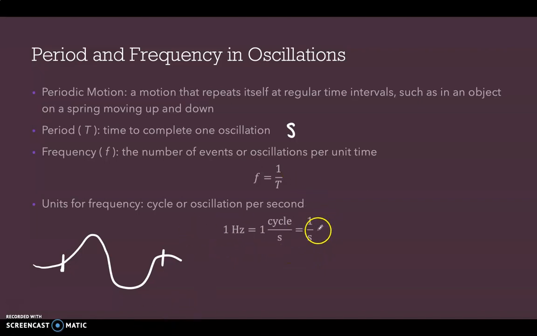It can be 1 cycle per second, or just 1 over seconds, and we define that as a hertz. So 1 hertz, like the car company. That's going to be your unit of frequency.